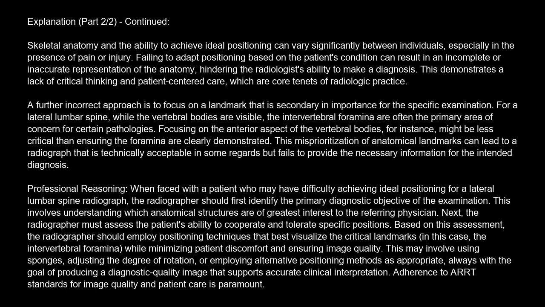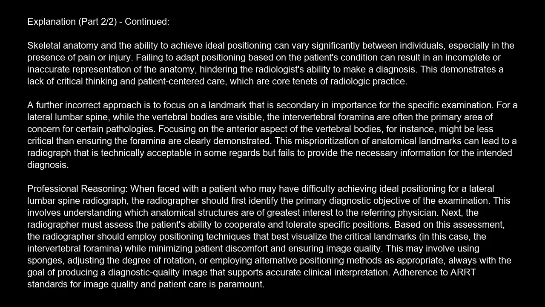Professional reasoning. When faced with a patient who may have difficulty achieving ideal positioning for a lateral lumbar spine radiograph, the radiographer should first identify the primary diagnostic objective of the examination. This involves understanding which anatomical structures are of greatest interest to the referring physician. Next, the radiographer must assess the patient's ability to cooperate and tolerate specific positions.